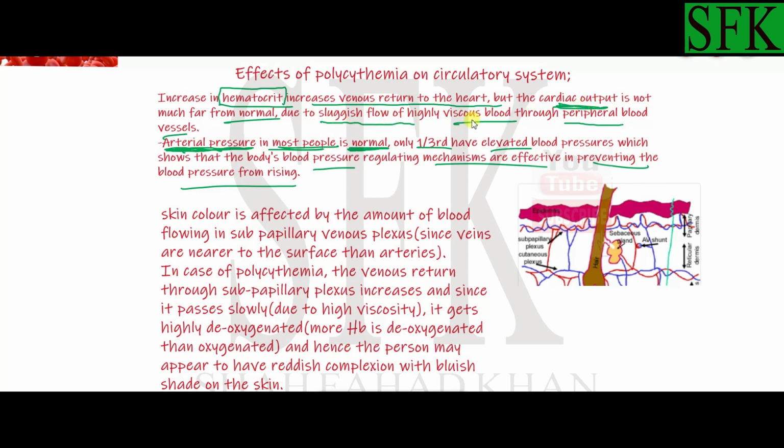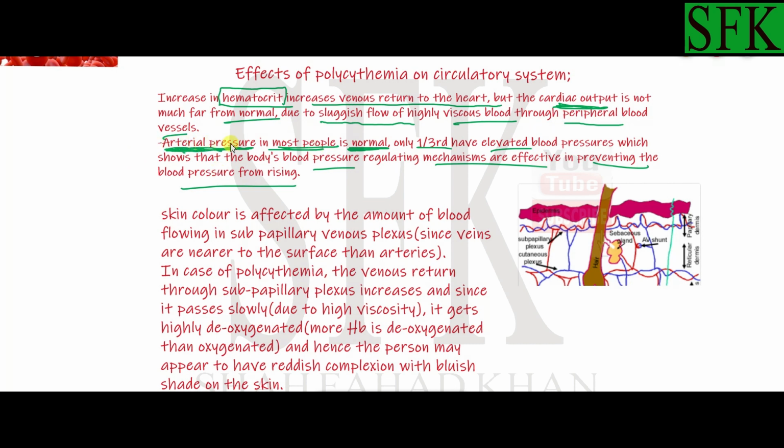Since the blood has become very viscous, it will flow very slowly. So although the hematocrit has increased, although the red blood cell count has increased, the cardiac output remains almost near the normal value, because the increased hematocrit approaches the heart very slowly. It enters the heart very slowly, so the cardiac output remains almost near the normal value.